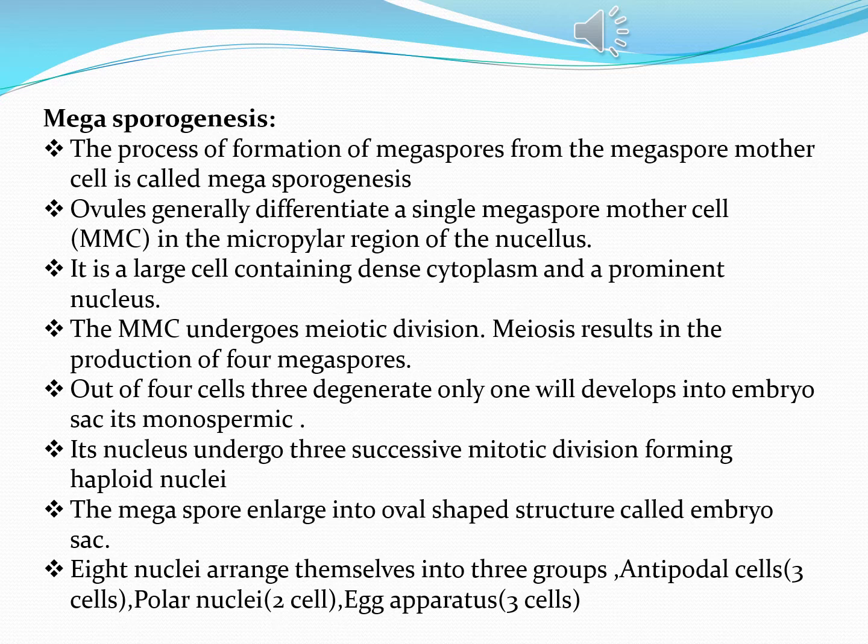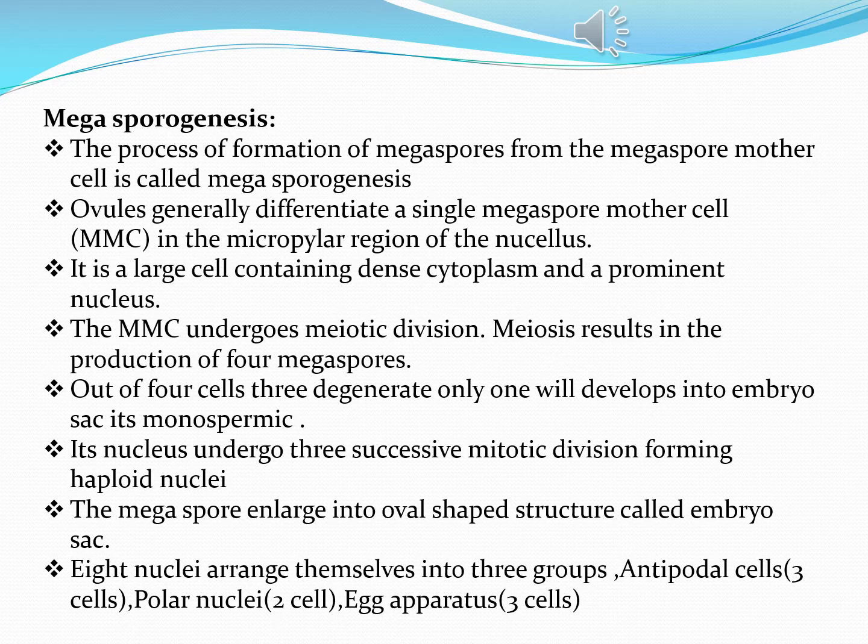We know that ovules consist of a number of parenchymatous cells, which we call the nucellus. The MMC is a large cell containing dense cytoplasm and a prominent nucleus.